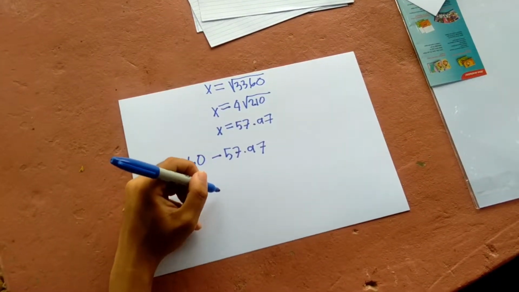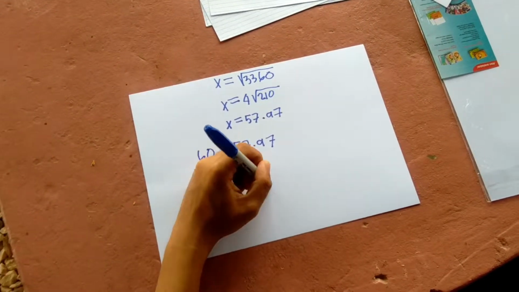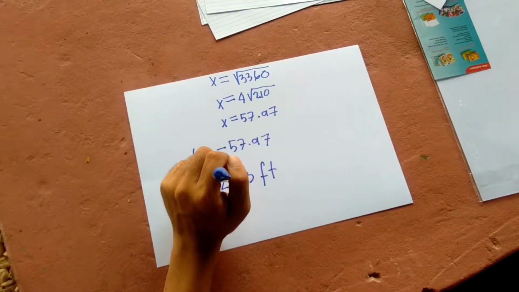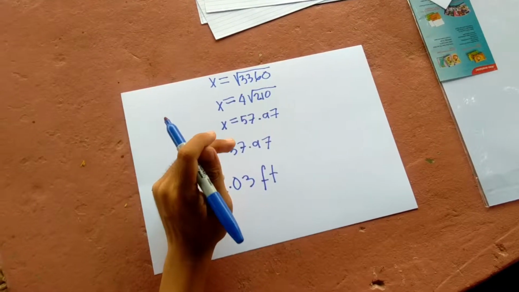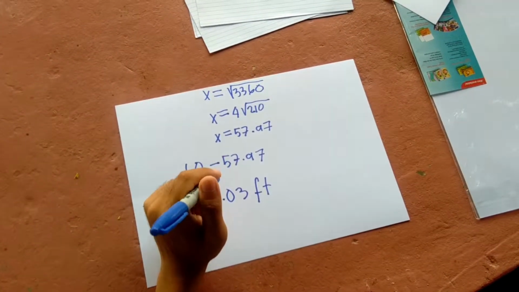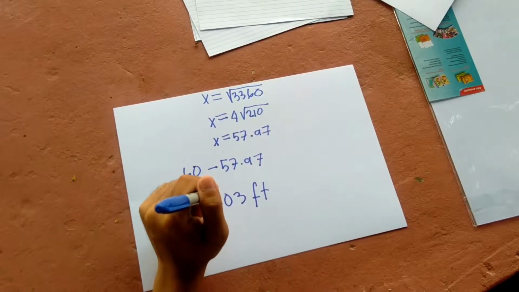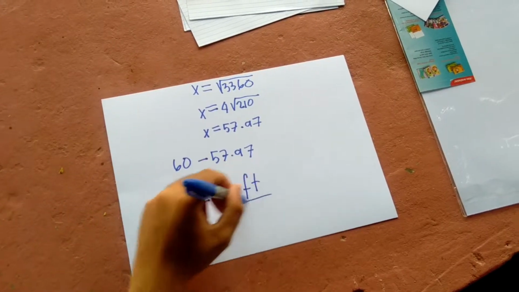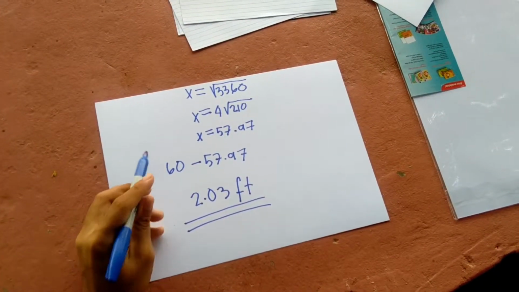So we have 2.03 feet. At this distance, your head will just touch the edge of the door perfectly and doesn't cause your head to bump. And this is our solution to the problem.